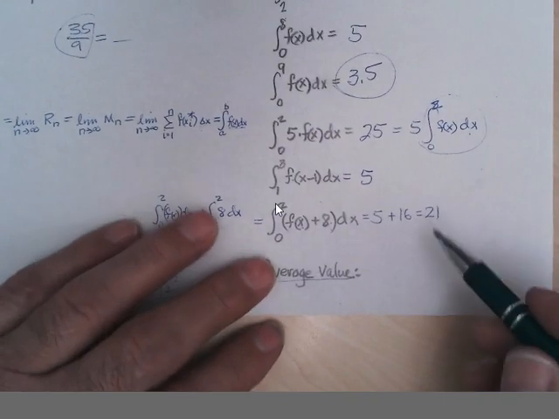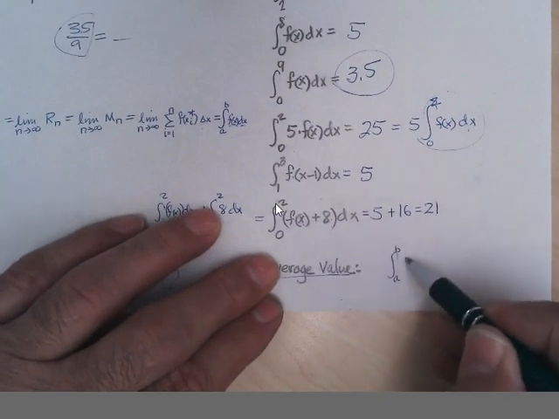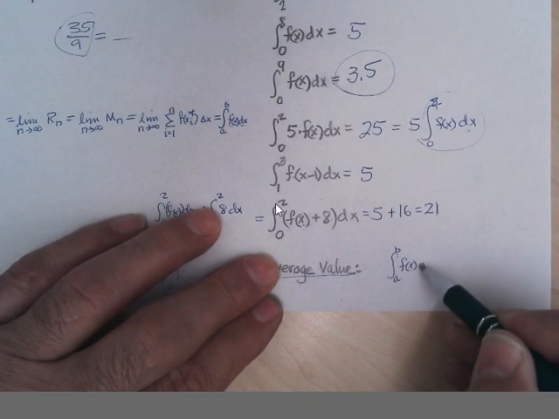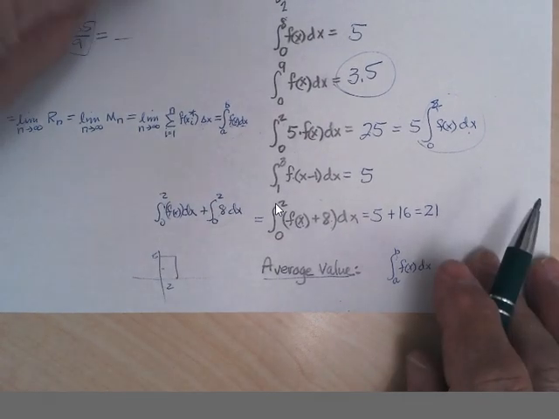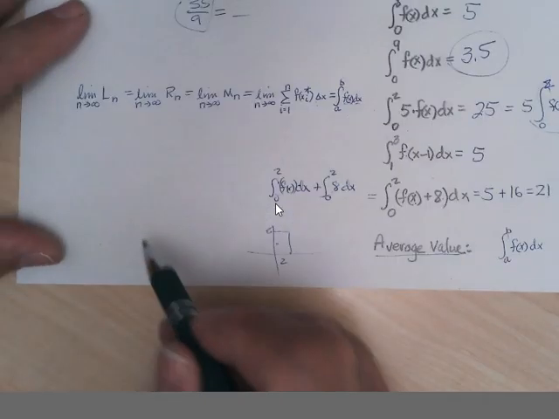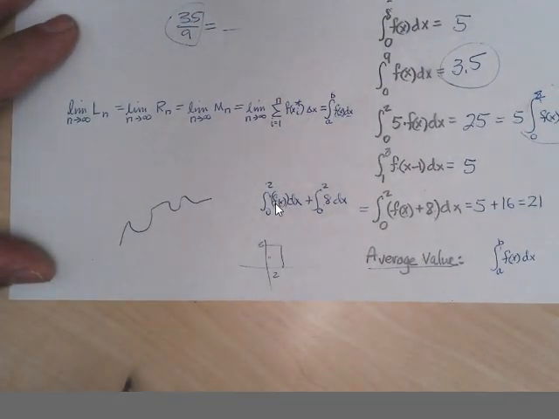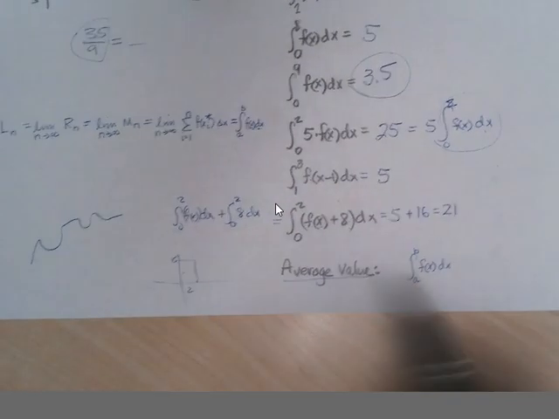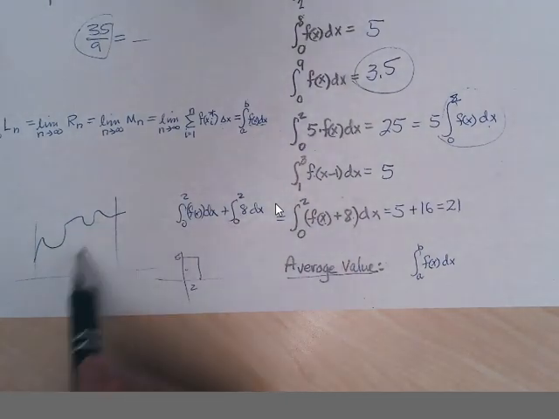Now, in calculus, we write it this way. The area from a to b of the function, the area under the curve of the function, so the total area, no matter what, the curve could be all squiggly. And you want to know the average height, you find all the area under the curve over whatever interval you want to do.